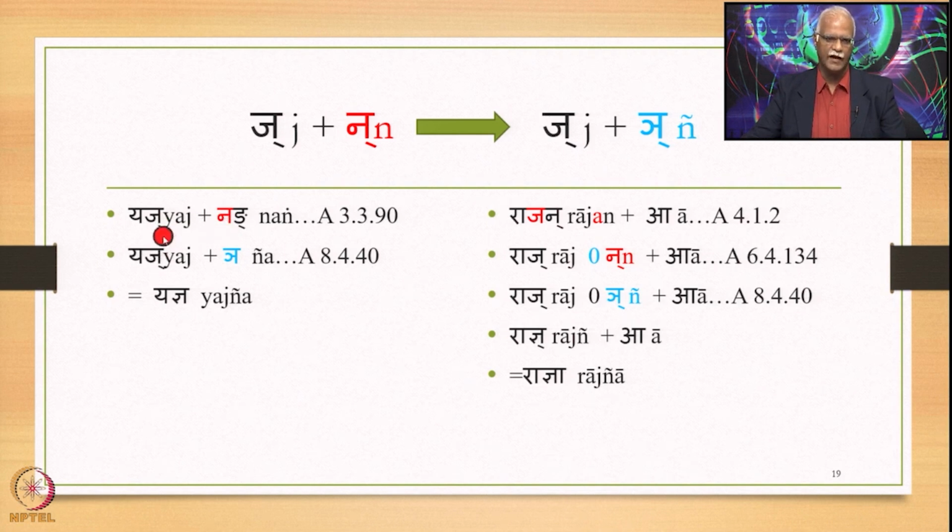J appears at the 3rd position, n appears at the 5th position in the tavarga. But still this n will be substituted by the corresponding 5th sound in the chavarga, that is y. And so we get yaj plus y, that is this word yajya. Although it is pronounced in different ways in modern India, in different places differently: yajna in Maharashtra, yajna in some other parts, or yagna in some other parts.